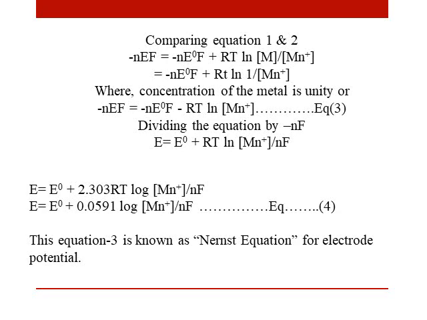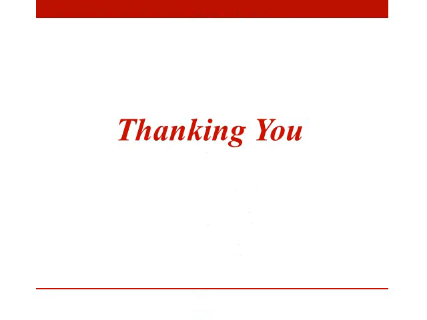Putting the values of R and T, where T is 298 and R is 8.314, the gas constant, E is equal to E naught plus 0.0591 log of the concentration of M n plus divided by n. Equation 4 represents the Nernst equation for single electrode potentials. Thank you.